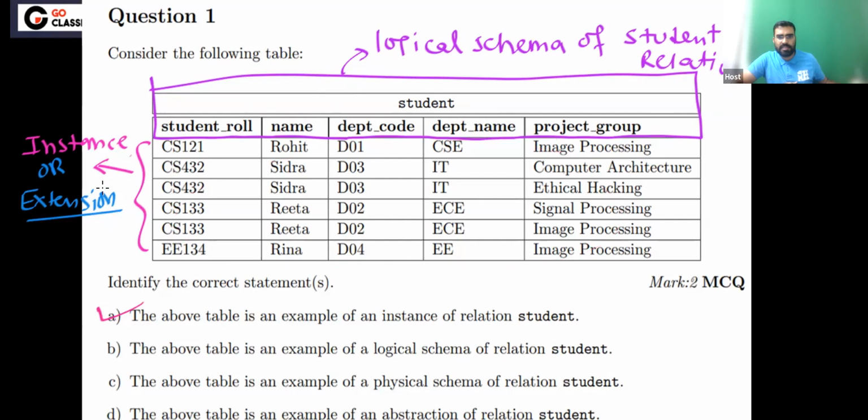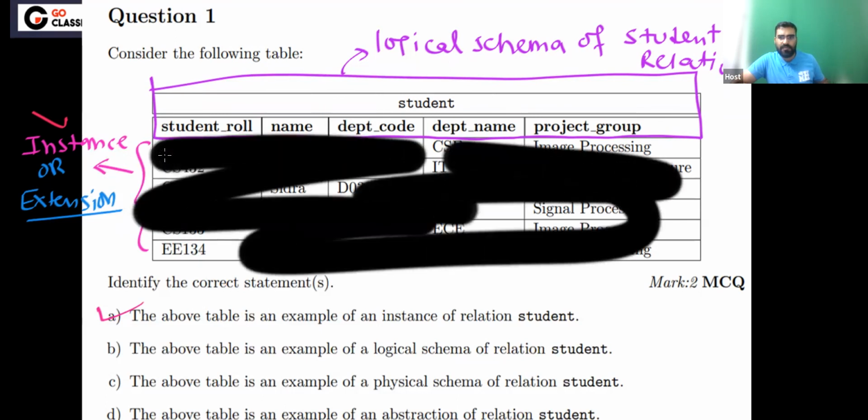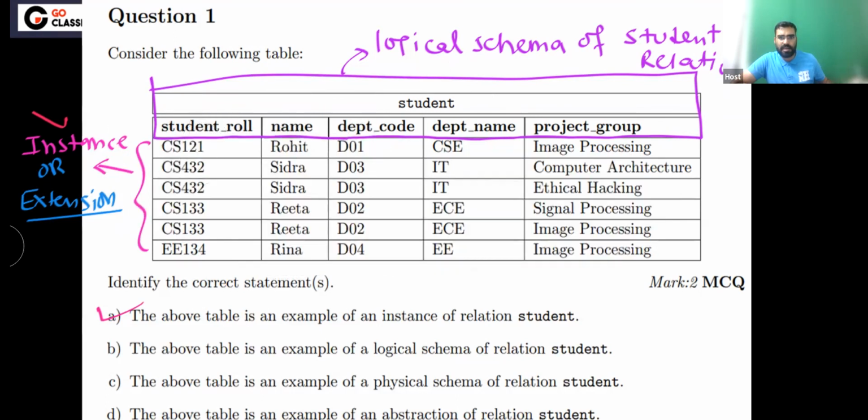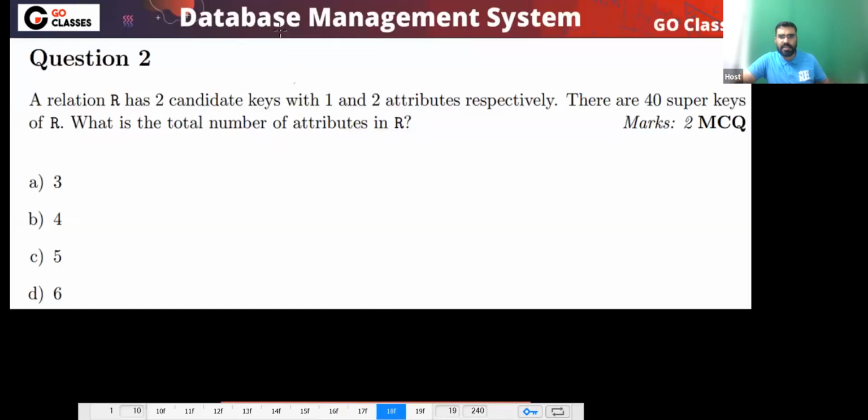This data makes the instance, because this data is present. The logical or conceptual schema is only the structure. So here the answer will be option A. In the same question, if I remove this data and only give you the schema, then the answer will be option B. Is this clear? Now let's see the next question.